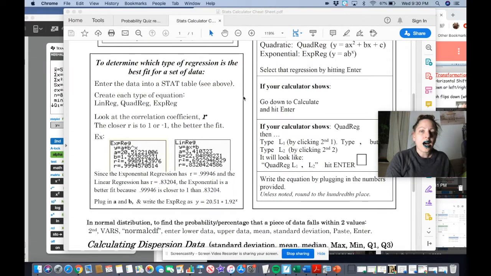Okay. On this side right over here, this determines which type of regression is the best fit. So for example, if you have a scatter plot and a bunch of points representing data that you've been gathering, maybe the temperatures, or maybe looking at different data about how many people are going out without masks on right now, you would plot all of that data, and then you'd want to see what a linear, straight line, an exponential, a quadratic, what would be the best model for this data.